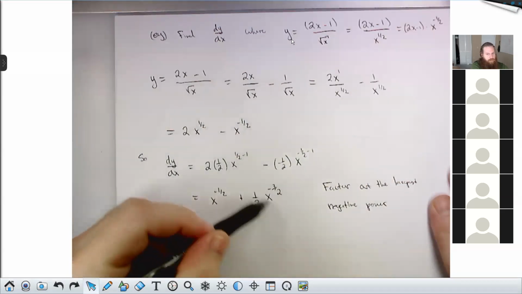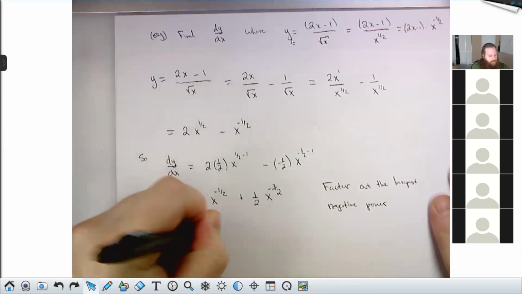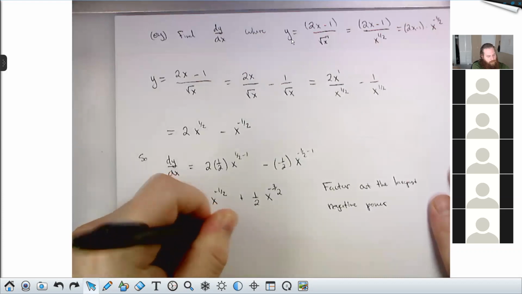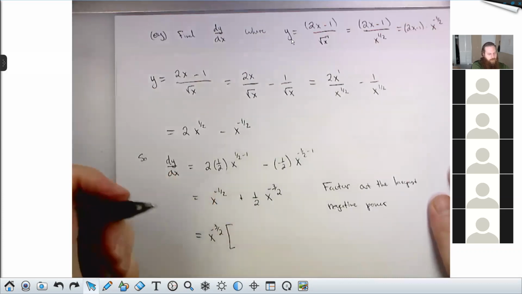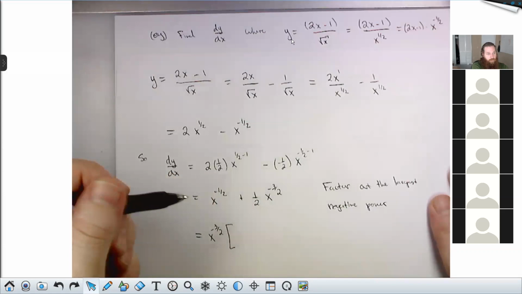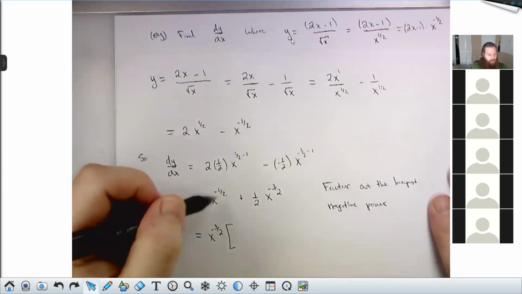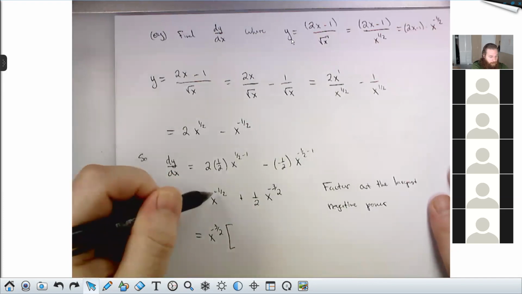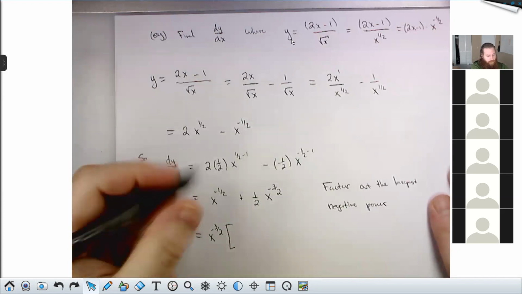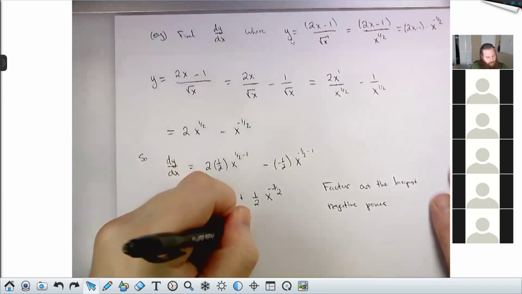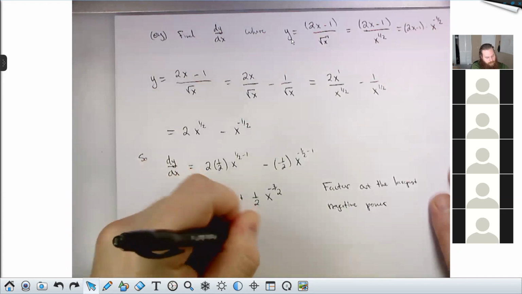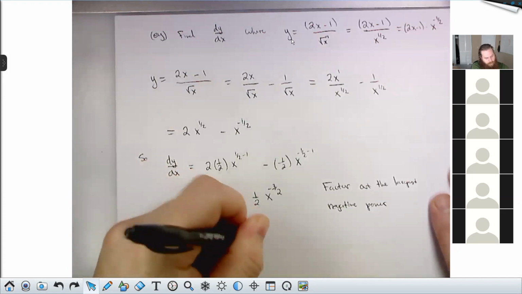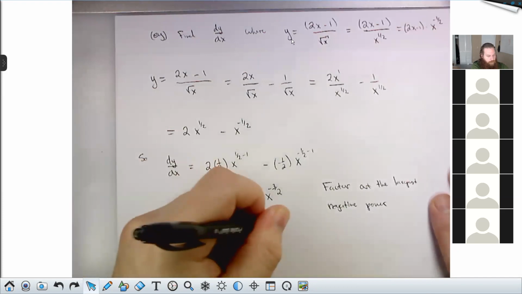So here the largest negative power is x to the negative 3/2. And if I factor that out, I can look and see what's left. This would be x to the negative 1/2 divided by x to the negative 3/2. I'll even write it like that. And this other piece would just become 1/2.